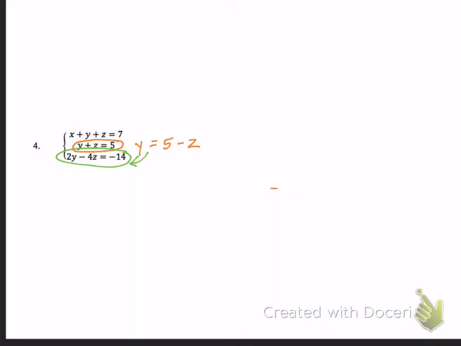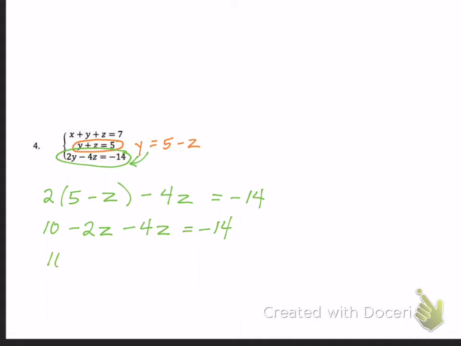Z is a number. So 2 times 5 minus z, minus 4z equals negative 14. No fractions. Yes, I got 4.